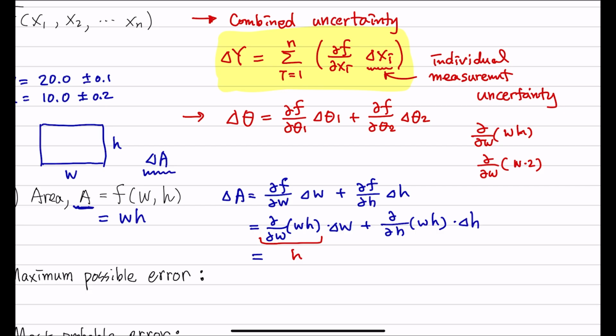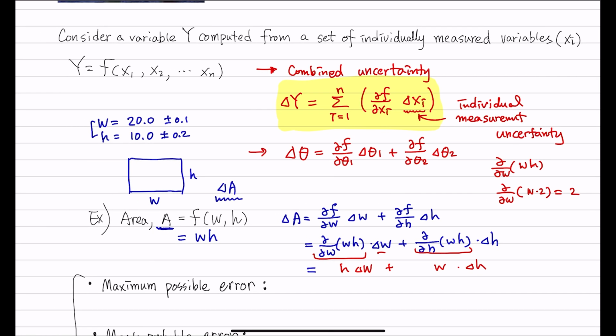H is going to be considered as a constant. These are only the variables. So, you know, this is going to be just 2, right? Here we have the constant coming down there, okay? And this guy just comes down here, delta W plus this one is going to be what? W, and then we have delta H.